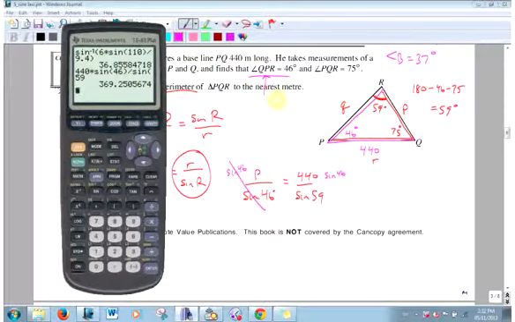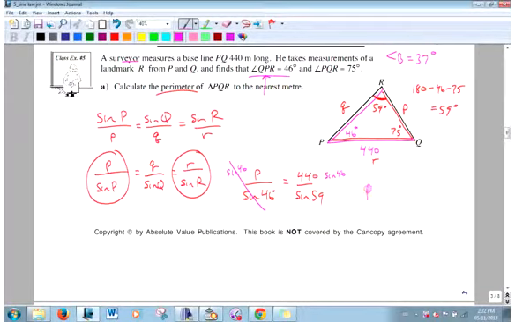Do I want it to the tenths, hundredths, nearest meter? 369. Well, you're probably right, but you know what? Let's not worry about it. Okay. Let's round it to the nearest meter. Should be fine. Okay, I need Q.